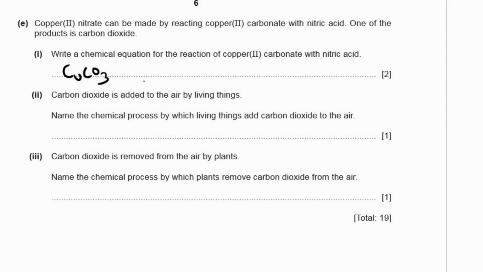Okay, and so plus nitric acid, HNO3. I'm leaving a blank here so we can figure out the stoichiometry of the equation in a moment. Okay, and that produces, basically they swap, sort of. So we produce Cu(NO3)2, copper nitrate.